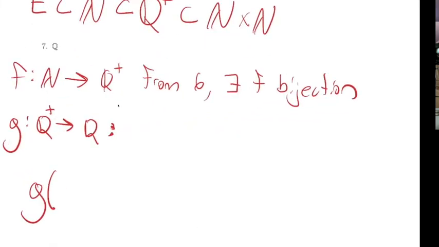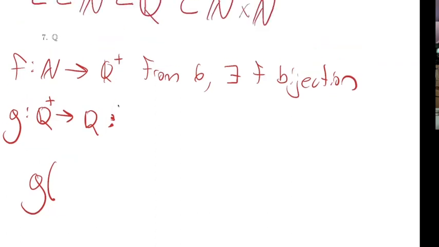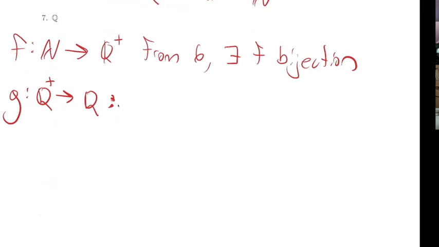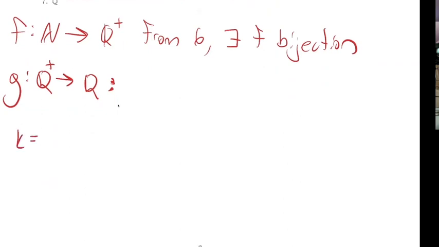Let's let this map K be the composition of F and then G. So this is going to map from N ultimately over to Q, right?